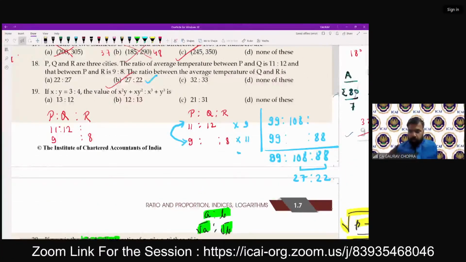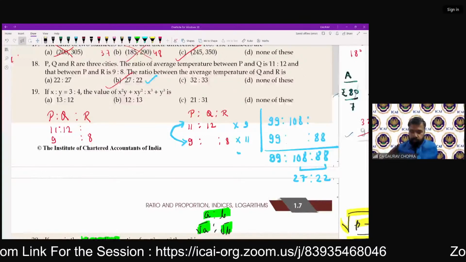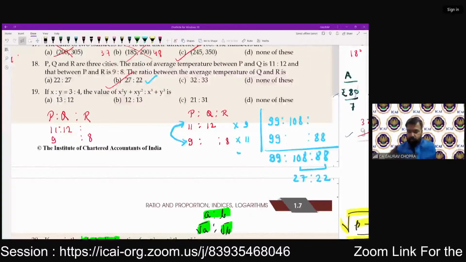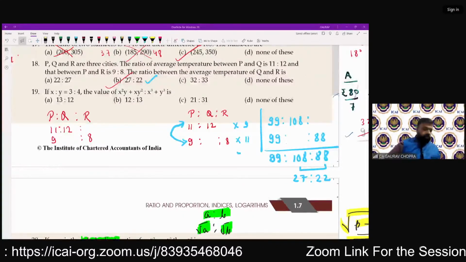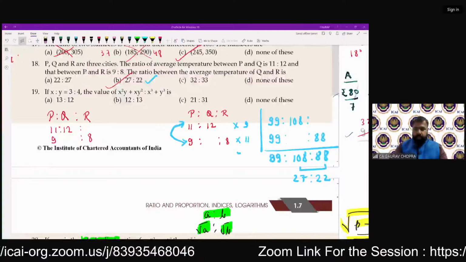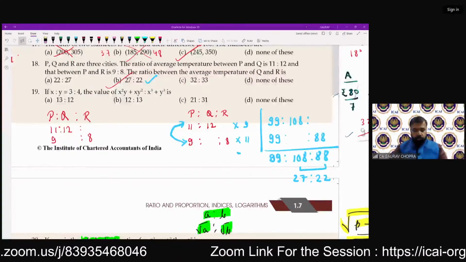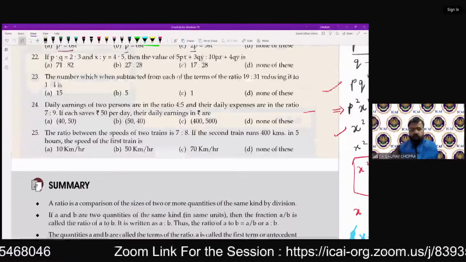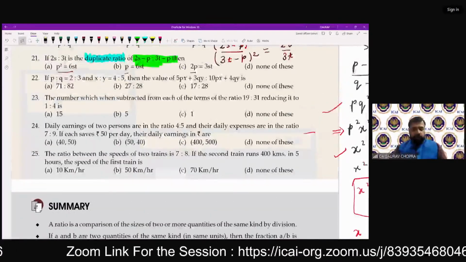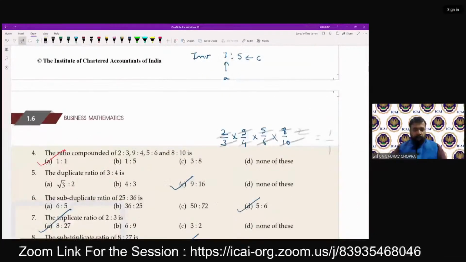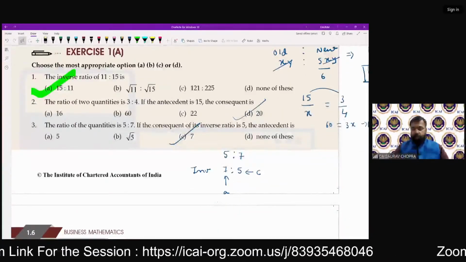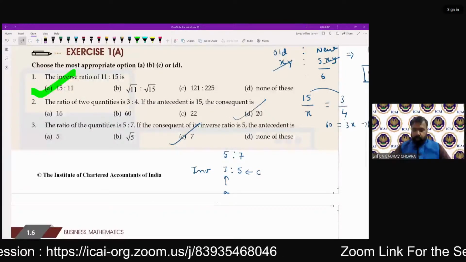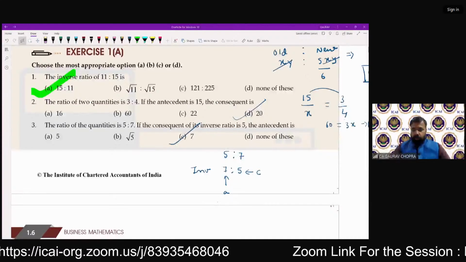Okay. All right. Now, any more doubt in this particular exercise? You can comment and let me know. Exercise number 1A, if anyone is having a doubt. No?